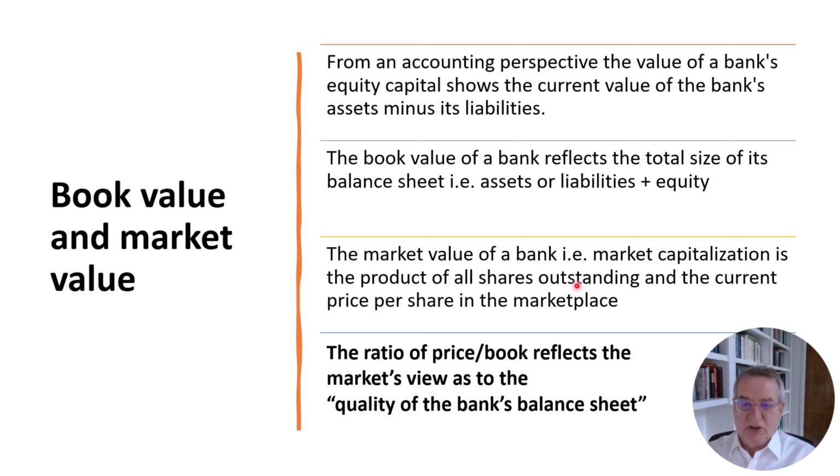This is the product of all outstanding shares issued by the bank multiplied by the current share price in the marketplace. This ratio of price to book, as it's called, reflects the market's view as to the quality of the bank's balance sheet.